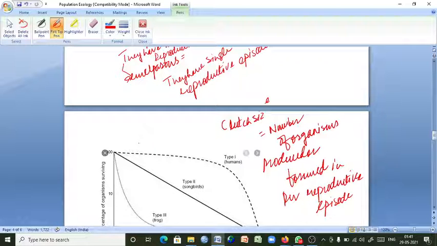So in the type 1 survivorship curve, they have a smaller clutch size, and type 3 organisms have a larger clutch size.